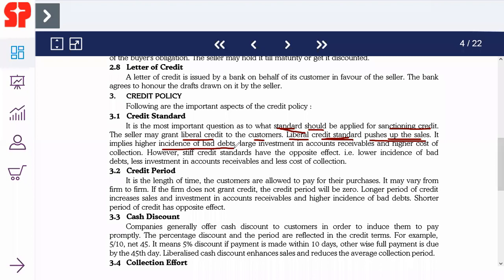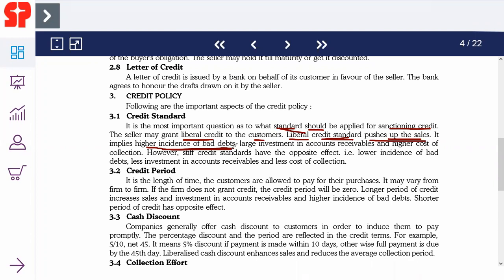So the advantage is that it will push up the sales, but that is not the sole motive. You should collect the money also. So a liberal credit standard will push up the sale, but on the other side of the coin, it will have a higher incidence of bad debts also.